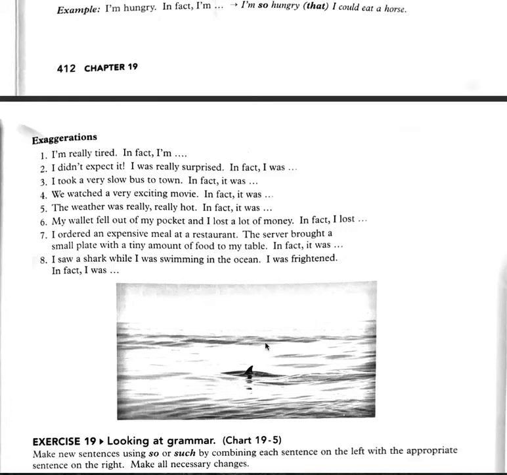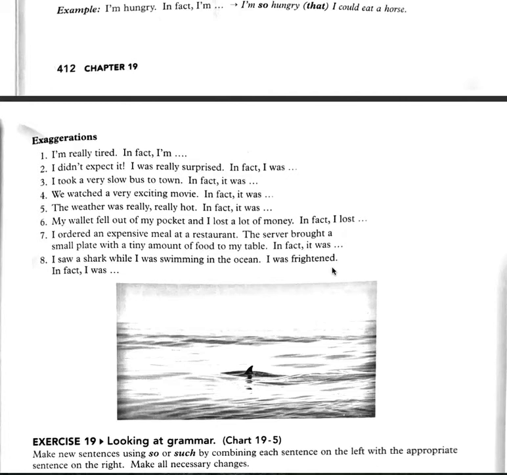Now, look at the picture here. You're swimming in the ocean, and then all of a sudden you see a shark. Like Jaws. Remember that, the theme from Jaws? Dun dun, dun dun dun dun dun dun. So you're swimming, then you see a shark. I saw a shark while I was swimming in the ocean. I was frightened.